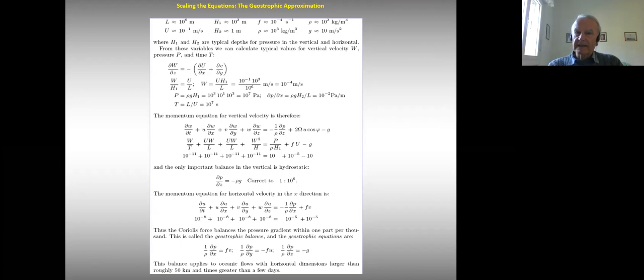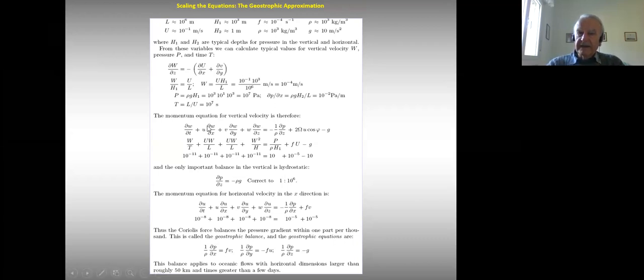And in fact, if we enter with these 10 to the 7 seconds, the time scale, and we calculate the momentum equation for the vertical velocity, what you obtain is that practically dw dt, so that means the time dependence of the vertical velocity, is 10 to the minus 11.